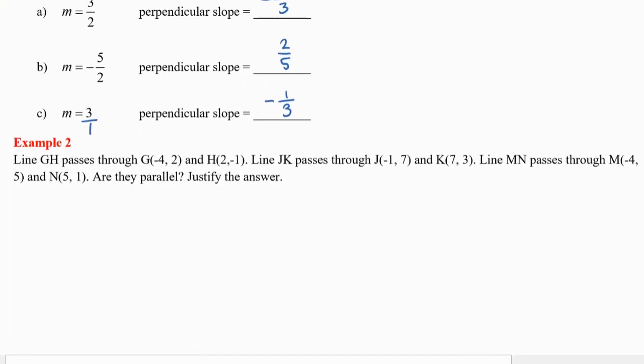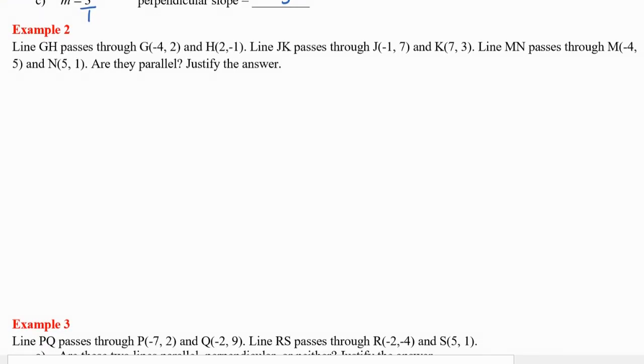Okay, next. Line GH passes through -4, 2 and 2, -1. So GH, JK, you have two lines. And another line, MN. Are they parallel? Justify the answer.